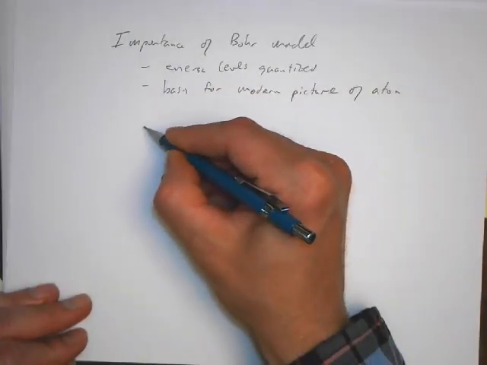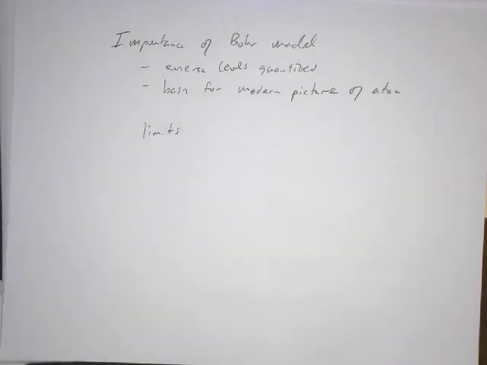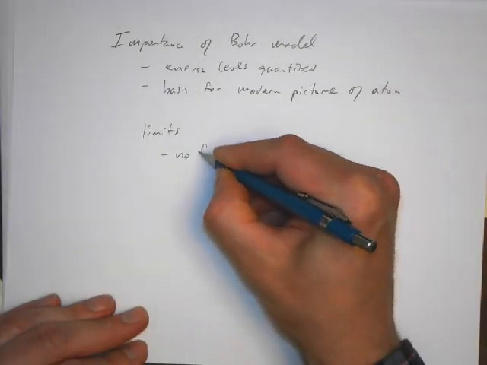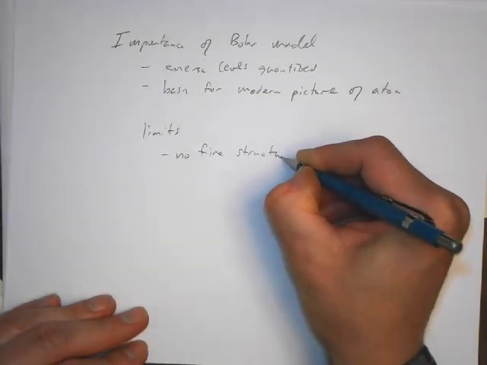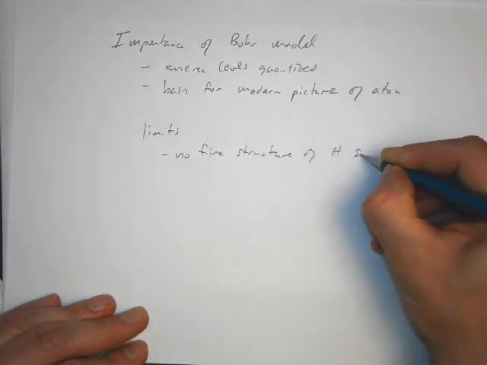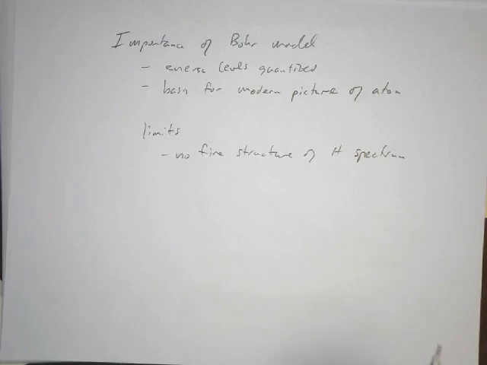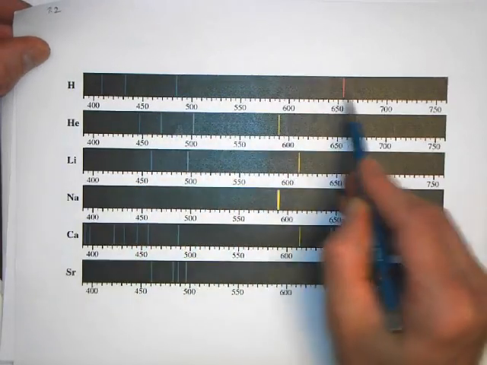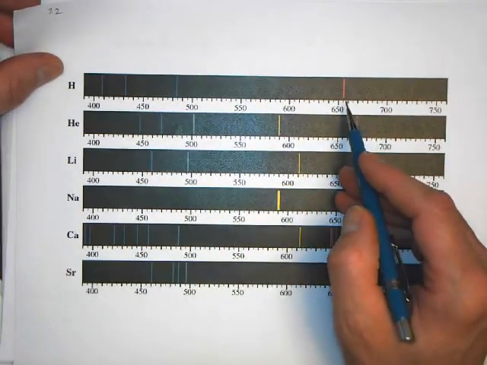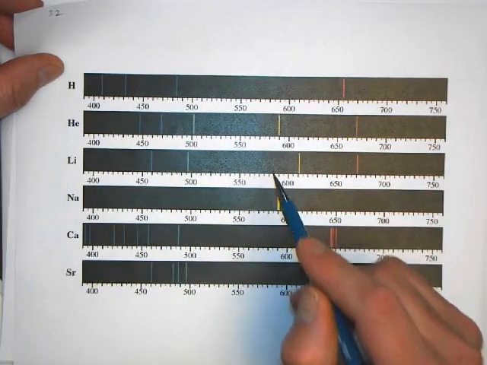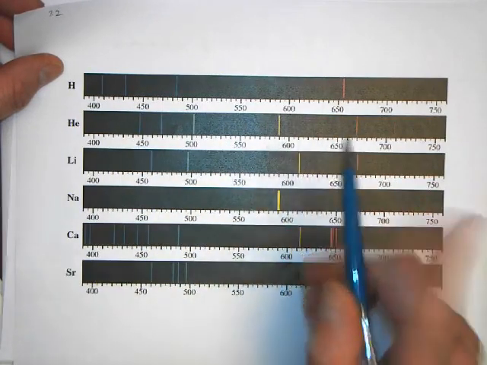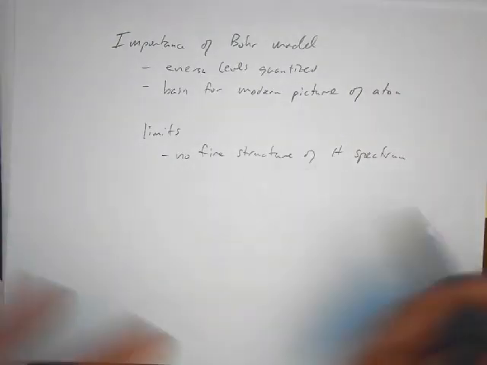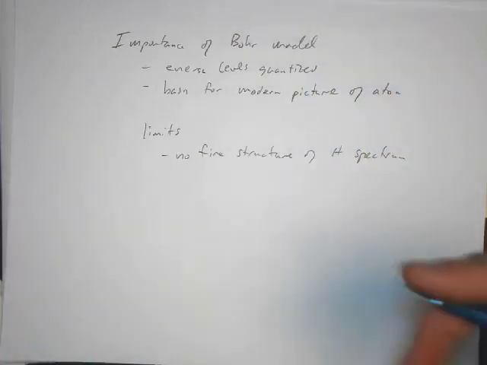The limits of the Bohr model are the following. There's no fine structure of the hydrogen spectrum. For example, if we were to look at these lines very closely with a very good prism, we would see that there are actually, in many cases, multiple lines there, not just single lines. That's one of the problems with the Bohr model. How do we account for that if we simply have these energy levels?